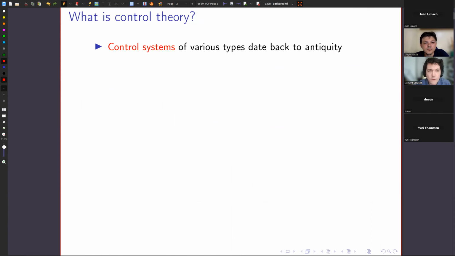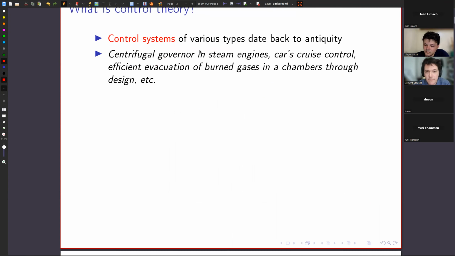The control of systems is extremely old because it's a very standard problem of engineering. Think, for instance, you want to control the centrifugal governor in a steam engine so that it continues producing the steam properly. Some control system in a car more recently.